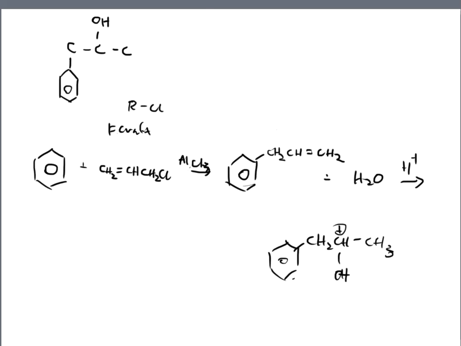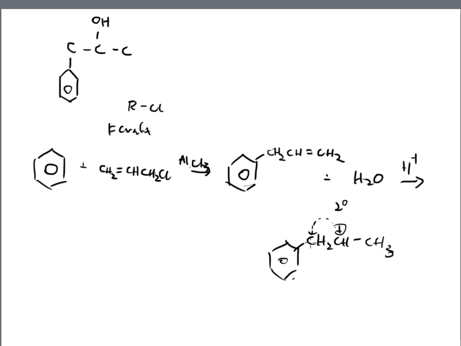No, no, no, no, no. The carbocation, before it takes the OH group, will shift. Huh? What do you mean it shifts? Okay, well, right now, the location of this carbocation is secondary. Bing!